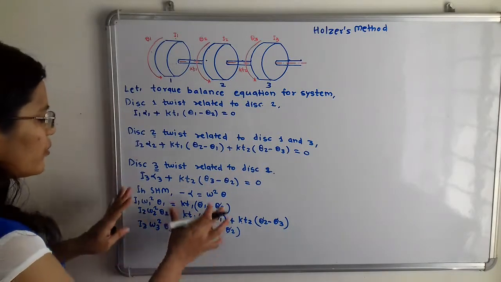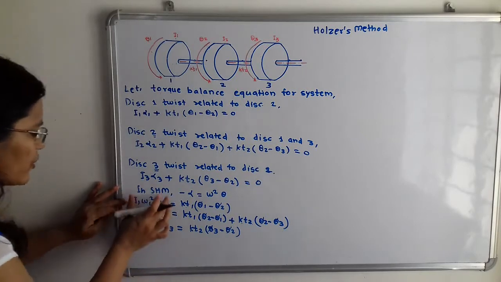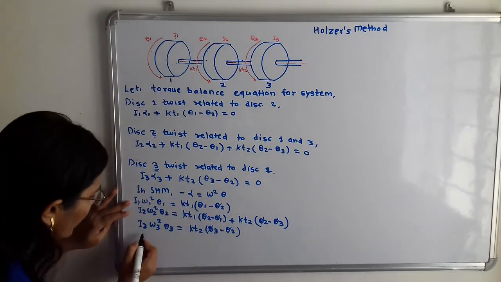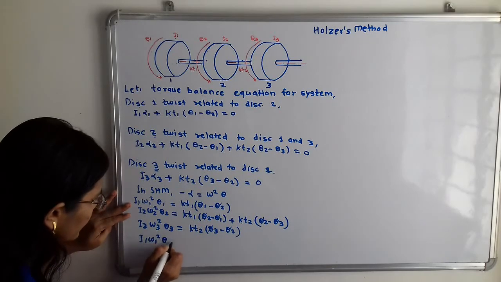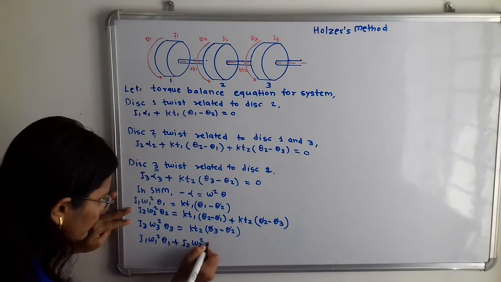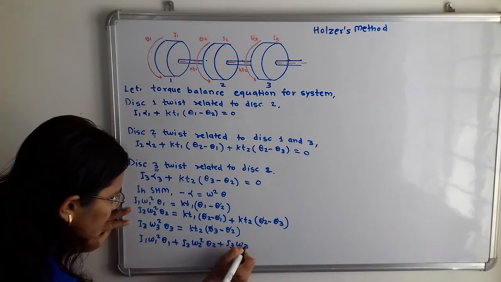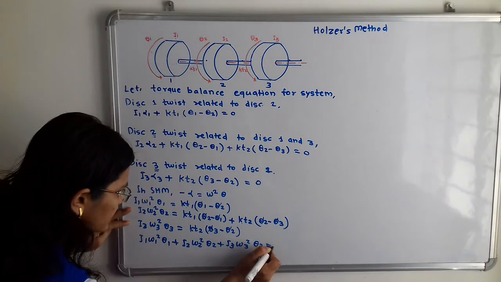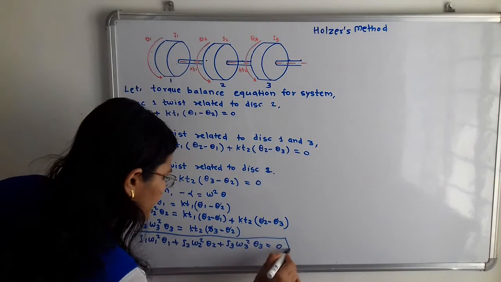So if we simplify this, we can add these three equations: I1 omega1 square theta1 plus I2 omega2 square theta2 plus I3 omega3 square theta3 is equal to 0. So this is the final equation.